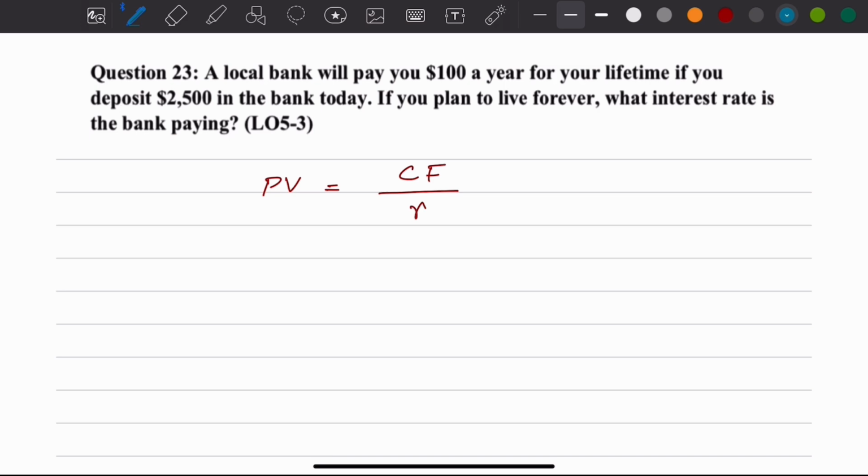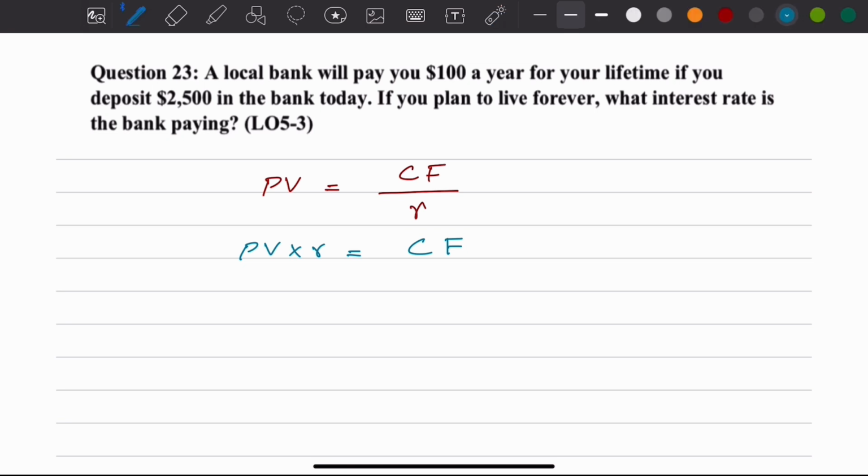Multiply both sides by R, and it will become present value multiplied by R equals the cash flow. Now we'll divide both sides by the present value because we want to get our unknown value, the value that we are trying to calculate, to be on its own on one side of the equation.